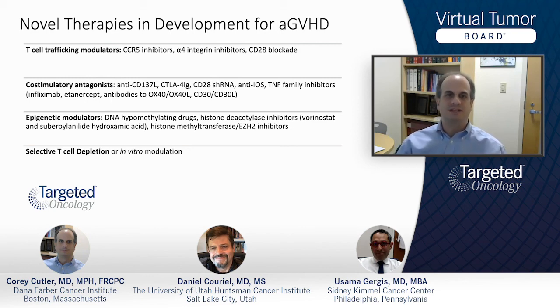We're using T cell co-stimulation antagonists, so drugs that prevent the upregulation of T cell responses. And then there are several other classes of agents that are being used both in the treatment and for prophylaxis, such as the JAK inhibitors, for example, which we'll speak about a little bit later on over the course of this tumor board.